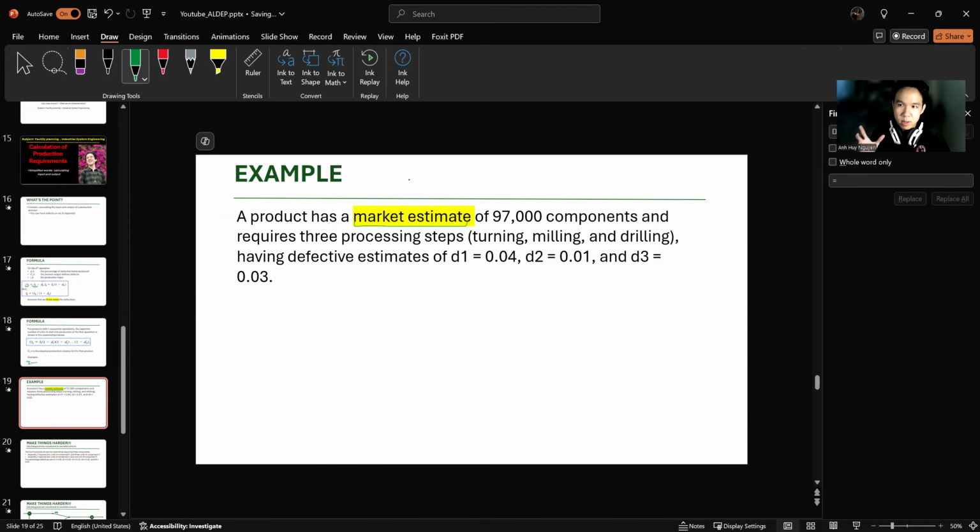The market wants to buy 97,000 components, so the end output is 97,000 components. And we have how many steps? Three steps, right? So we have the final product output, which is O3, and 3 steps and 3 defect percentages. I'll solve it with you now.